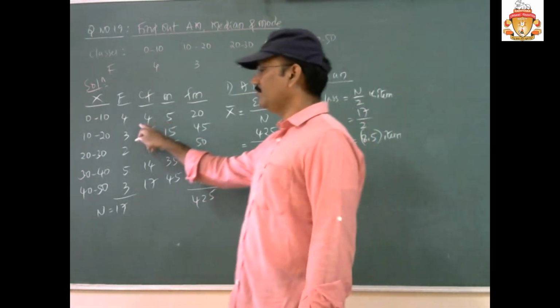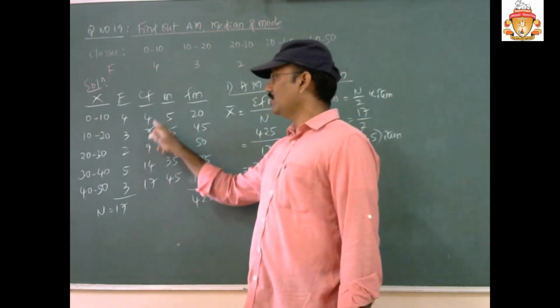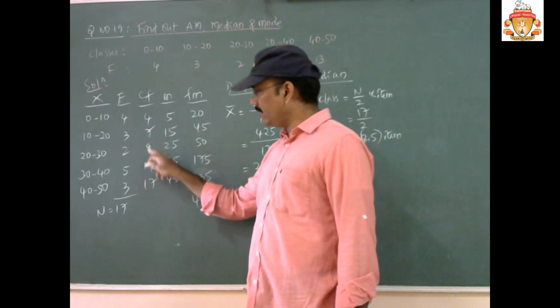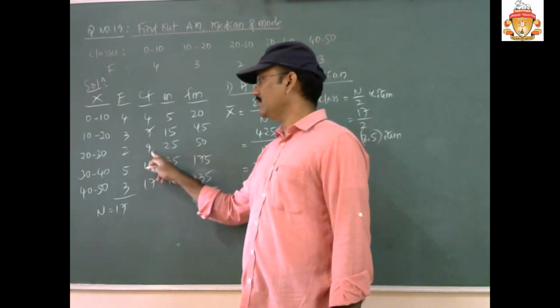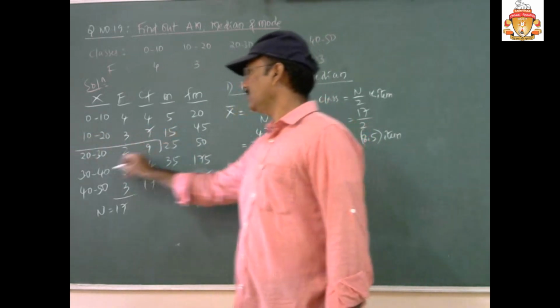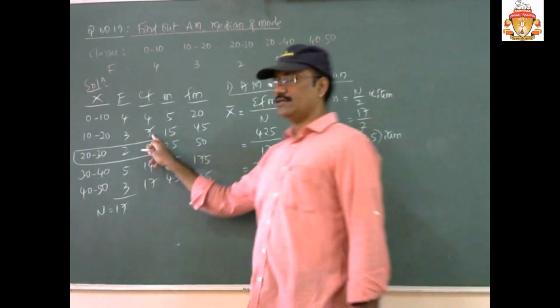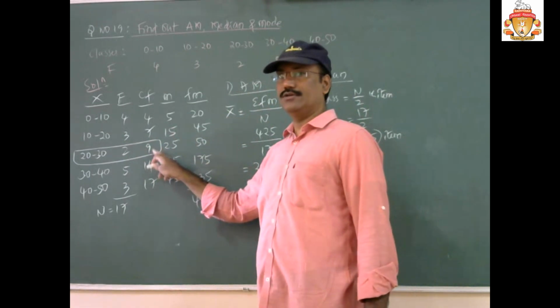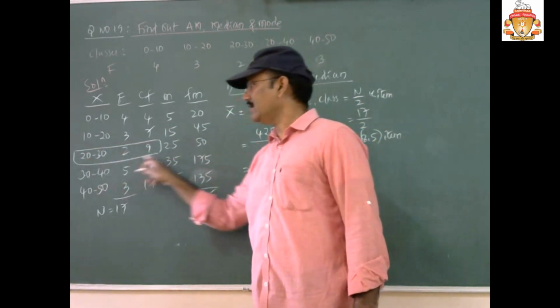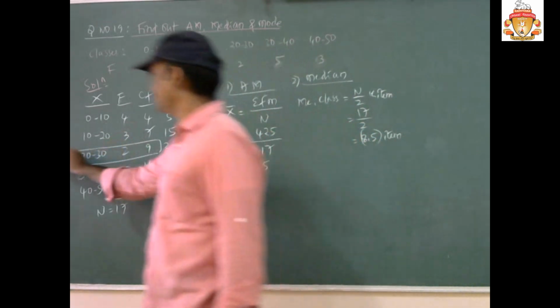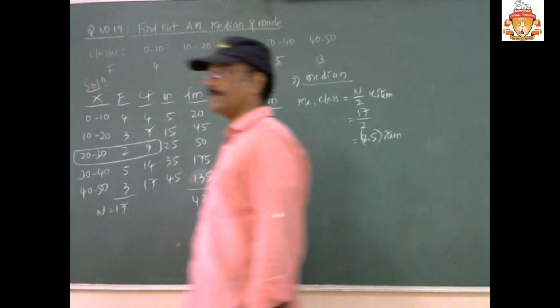Up to 4, then more than 4 to 7, more than 7 to 9. So 8.5 comes more than 7 and less than 9. So this area is your median class.